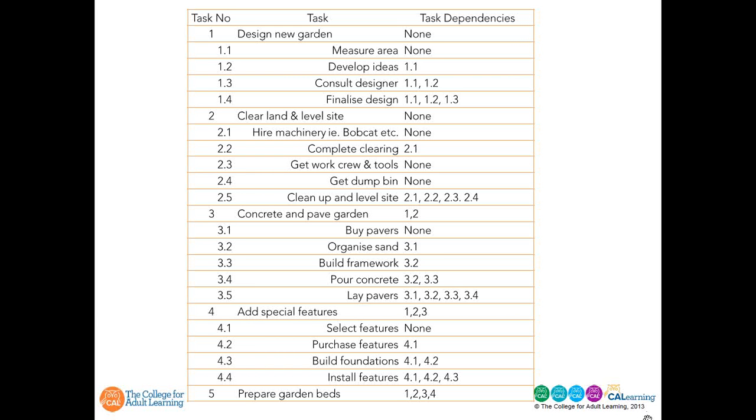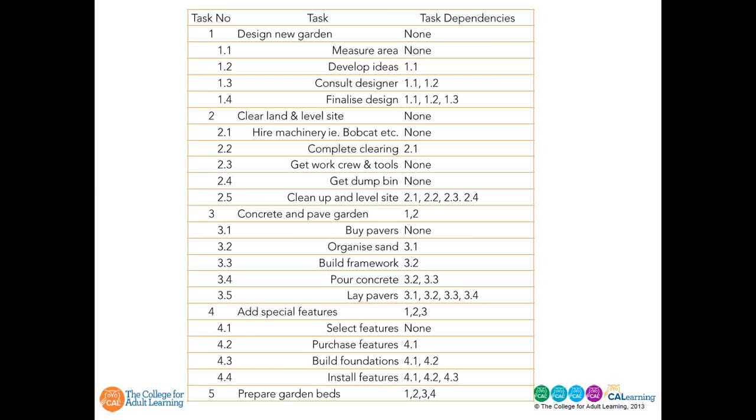Now, if we look at our first task, designing the garden, you can see that there are 4 activities in this first task, and for this first task there are no predecessors. But as we break each down in turn into the 4 activities, you can start to see that each one must be completed before another begins.